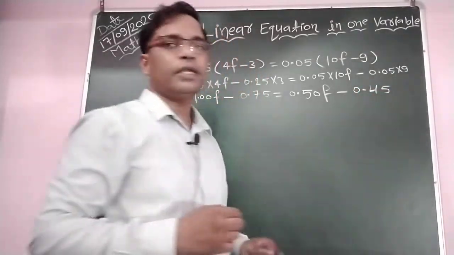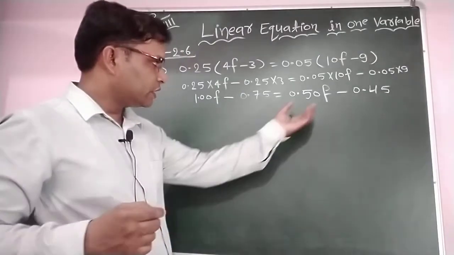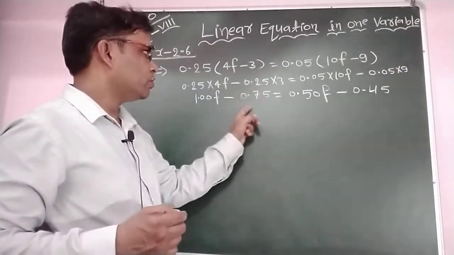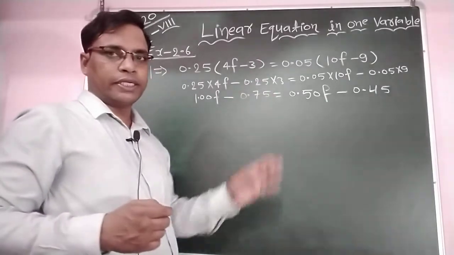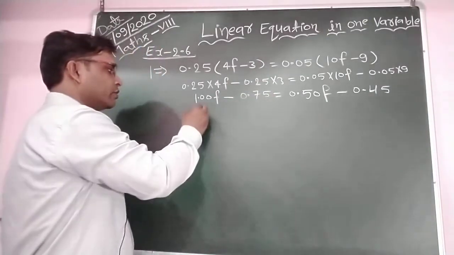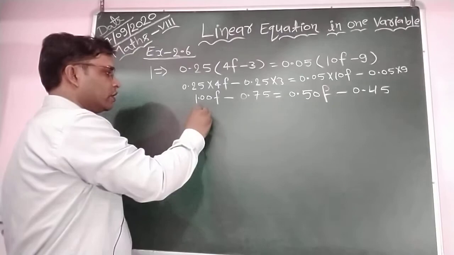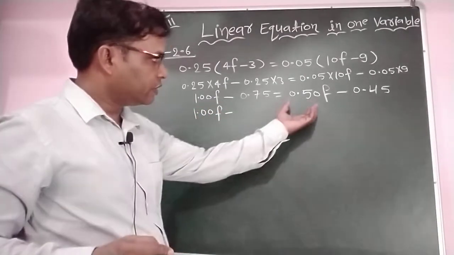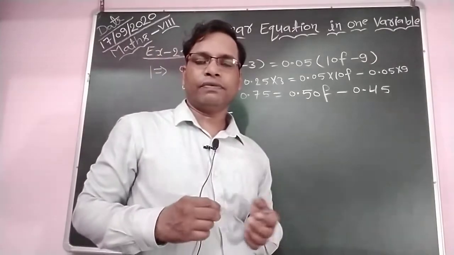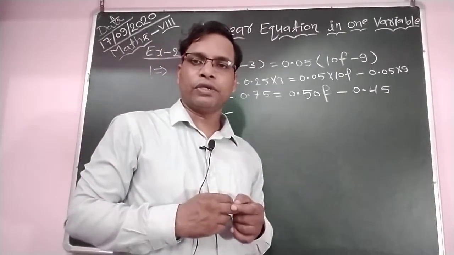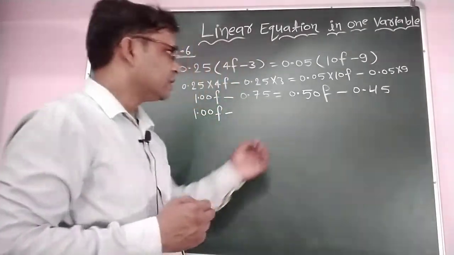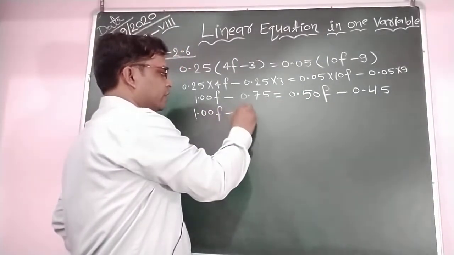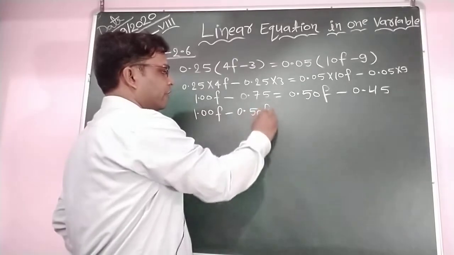Now we transpose the 0.50f to the left hand side and the 0.75 to the right hand side. So we have 1.00f minus 0.50f. When we transpose 0.50f, it becomes minus.